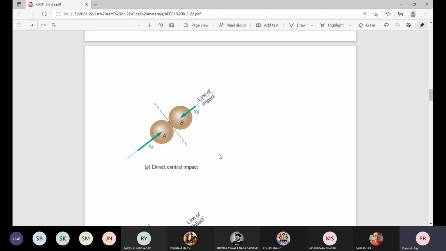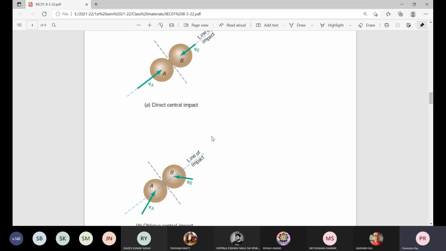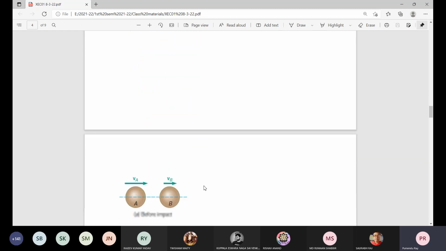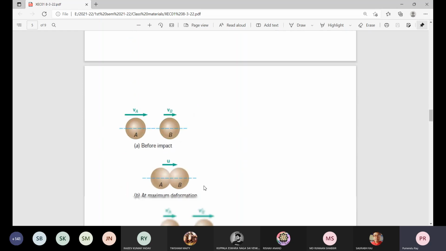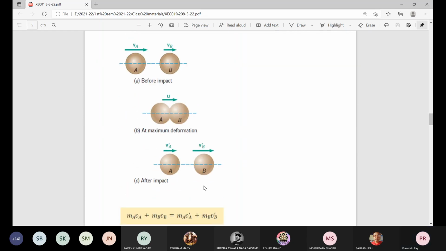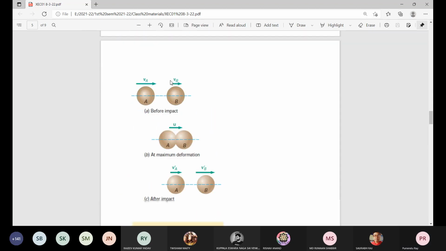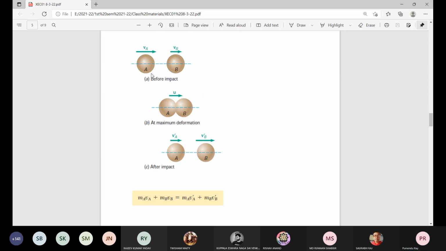Anyway, so all these things that we know we utilize for the direct central impact, the oblique central impact, for different situations and combinations. And this is, in short, before impact with the velocities at maximum deformation, they collide.